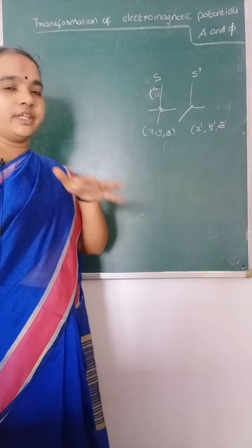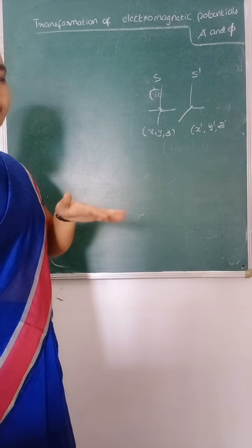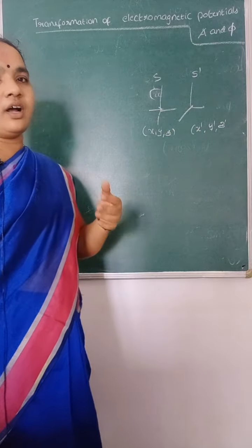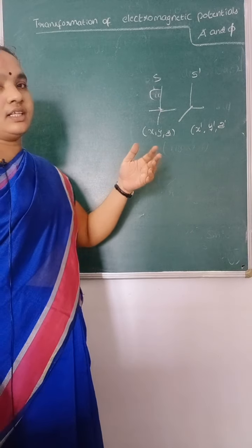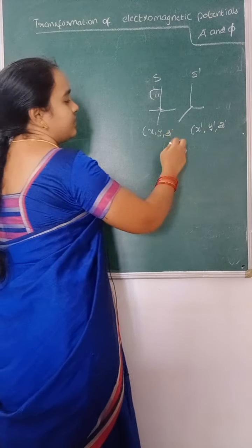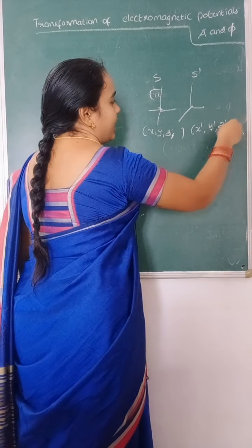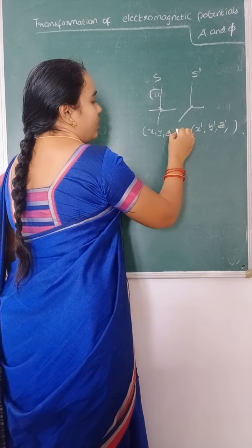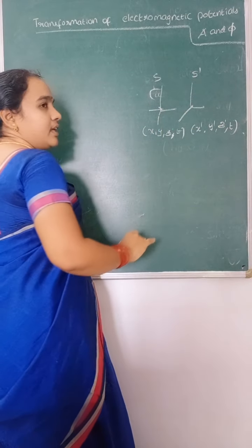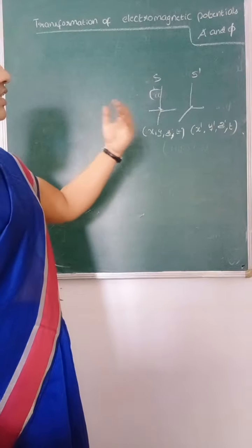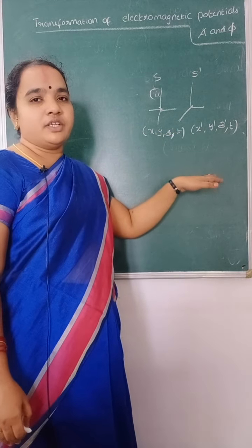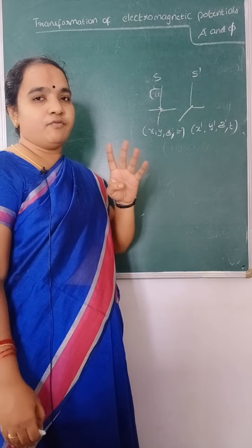Up to now we have defined only three position coordinates, or r, theta, phi, or r, z, phi in the cylindrical coordinate system. In this transformation we will define another coordinate, the time coordinate, in order to assign another inertial frame of reference. So this transformation can be achieved by four vectors.